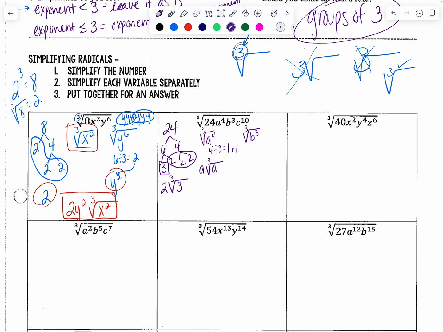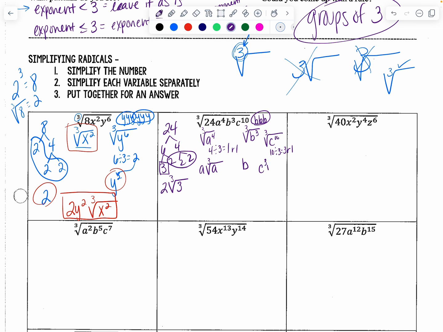If I have the cube root of b to the 3rd, again I could think of it like this: I have 3 b's, that gives me 1 group, so this would be b. And then we have the cube root of c to the 10th. I don't want to write out 10 c's, so I think of it as 10 divided by 3 gives me 3 with a remainder of 1.